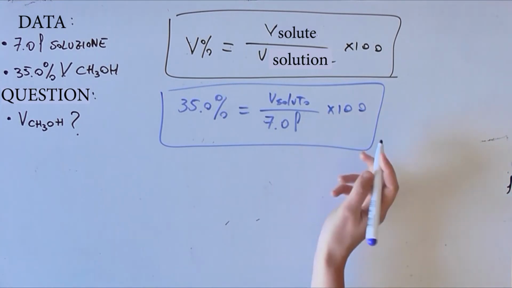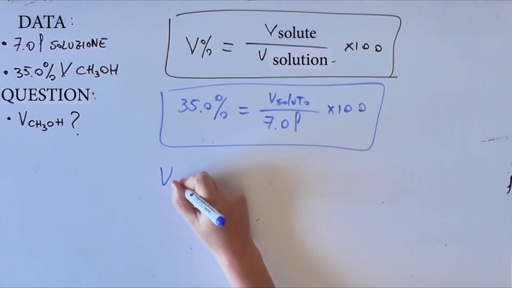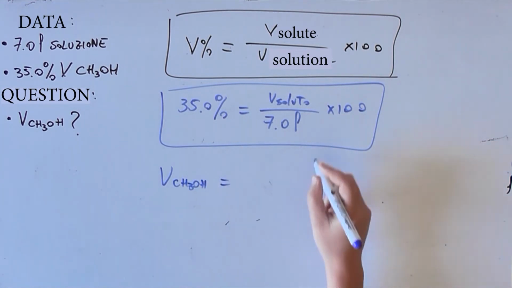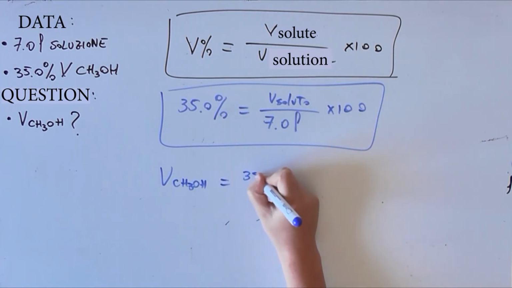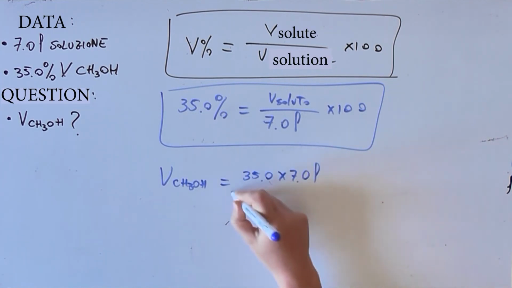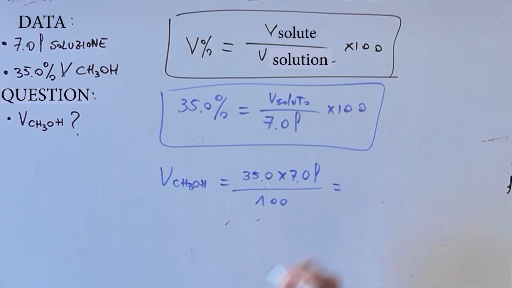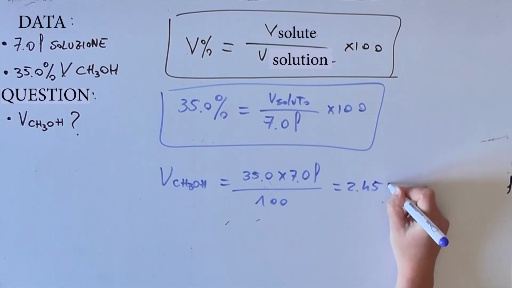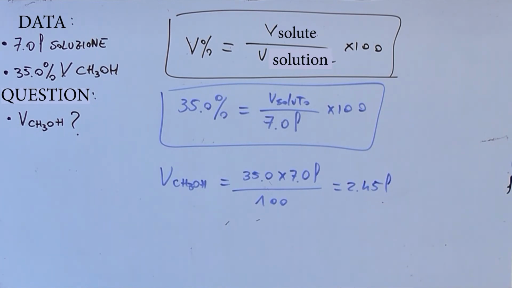So it's a very simple equation, and we can easily calculate the volume of methanol, which equals 35 times 7 divided by 100. It's everything equal to 2.45 liters. Great, that was the answer to our problem. As you can see, this problem was very easy. It was just a practical problem. Let's move on.